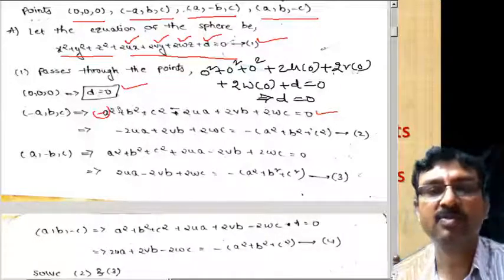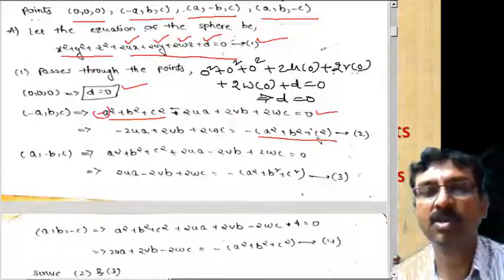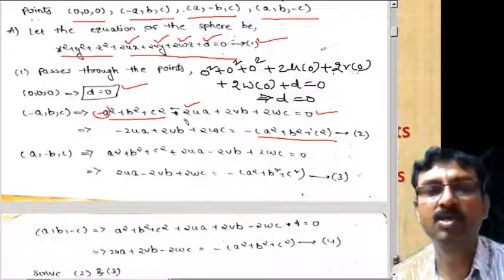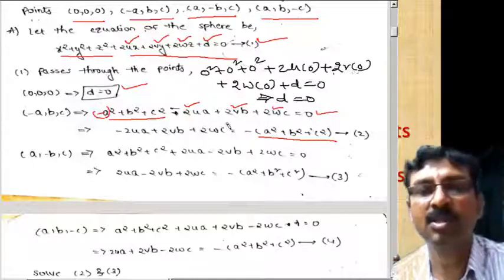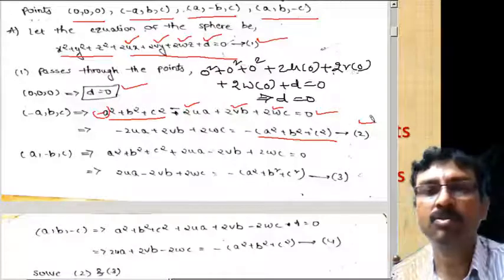Simplifying, shifting a square plus b square plus c square to the right side, so minus of a square plus b square plus c square. The remaining terms on the left side are -2ua plus 2vb plus 2wc. So this is equation 2.